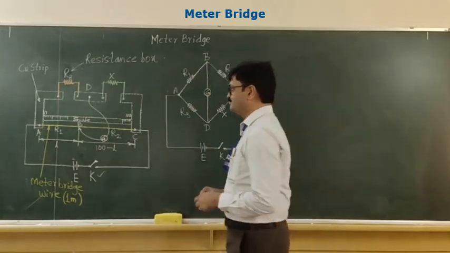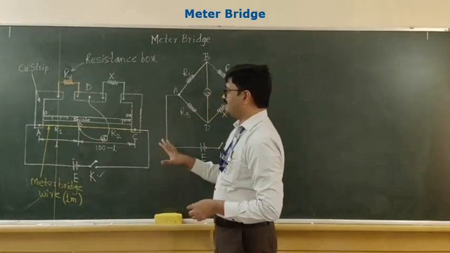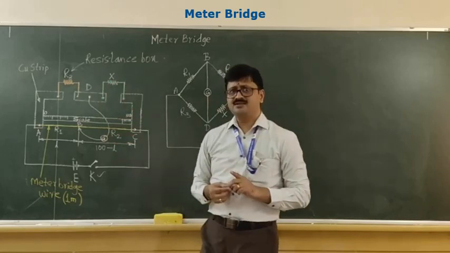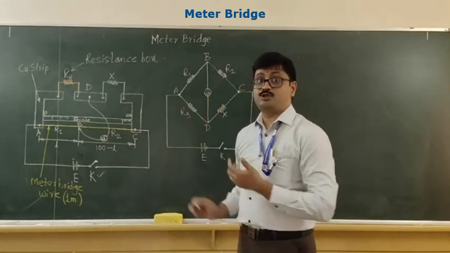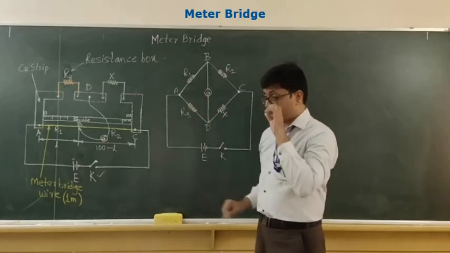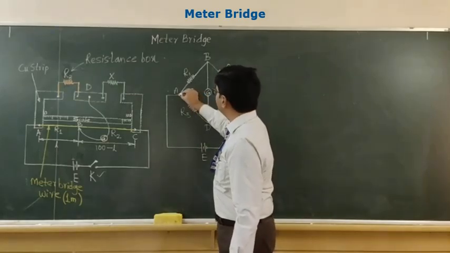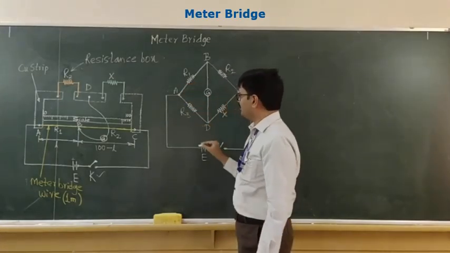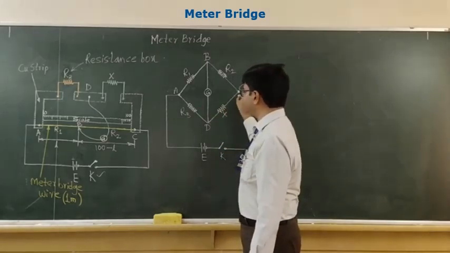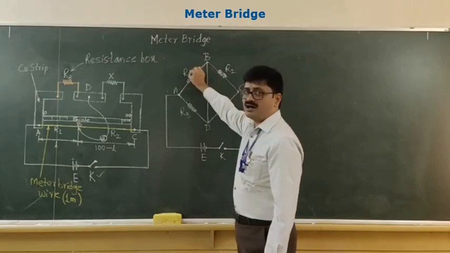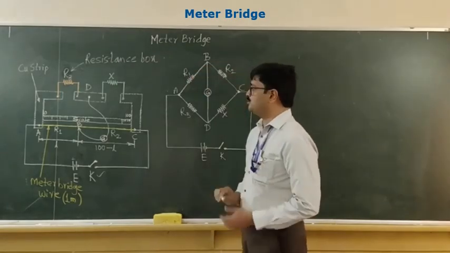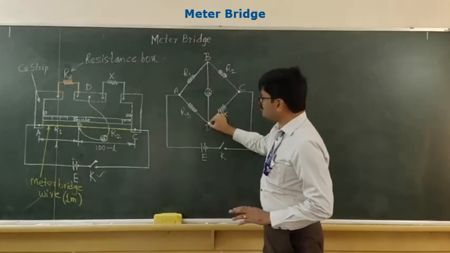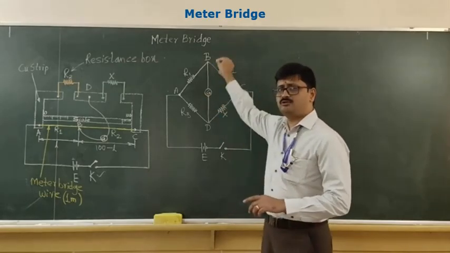Now over here, this meter bridge wire, as you can understand, is 1 meter long, and here we will treat this entire setup as our Wheatstone bridge, as you can observe at this point. Now in between A and D we are having R3, and in between B and C we are having X. In between A and B we have R1, and in between B and C we have R2, and this is the Wheatstone bridge because the bridging is done by means of a galvanometer connection.